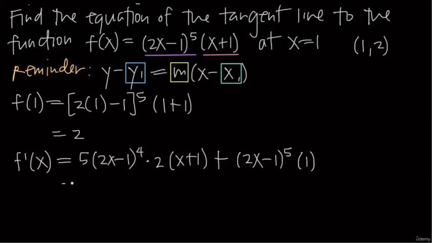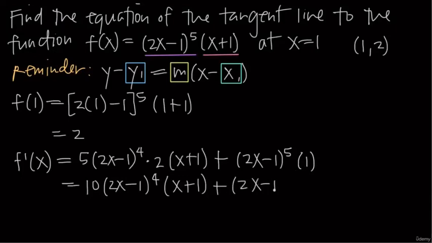And now we just want to simplify. Here we're going to move this 2 to the front, and we're going to get 10 times 2x minus 1 to the fourth times quantity x plus 1. And then here, multiplying by 1 doesn't change the value, so we just have plus 2x minus 1 to the fifth. Now we could leave the equation like this, or if we wanted to, we could factor out a 2x minus 1 to the fourth.